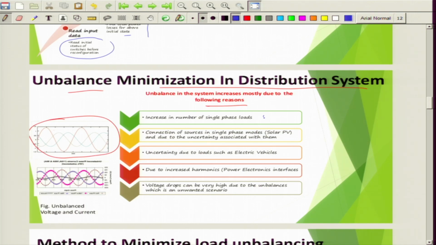One is the increase in the number of single phase loads. Though we try to connect loads such that all three phases, at any given point of time, get an opportunity to supply the same amount of load, it is not in our hands.